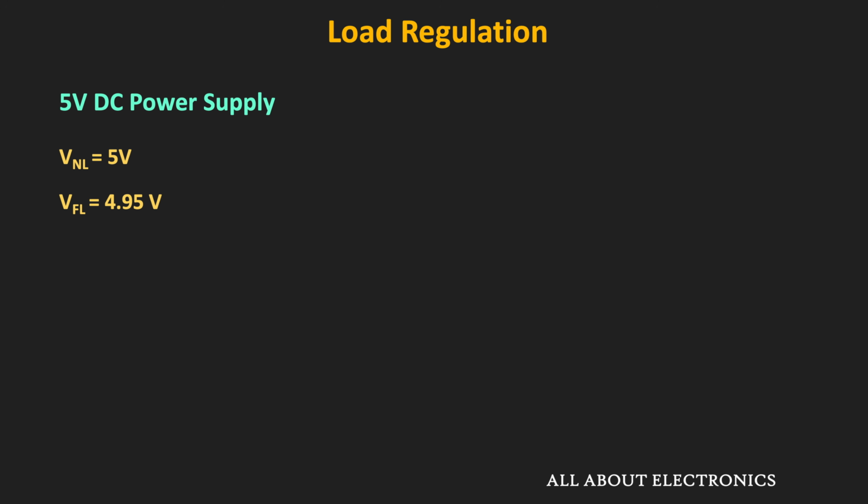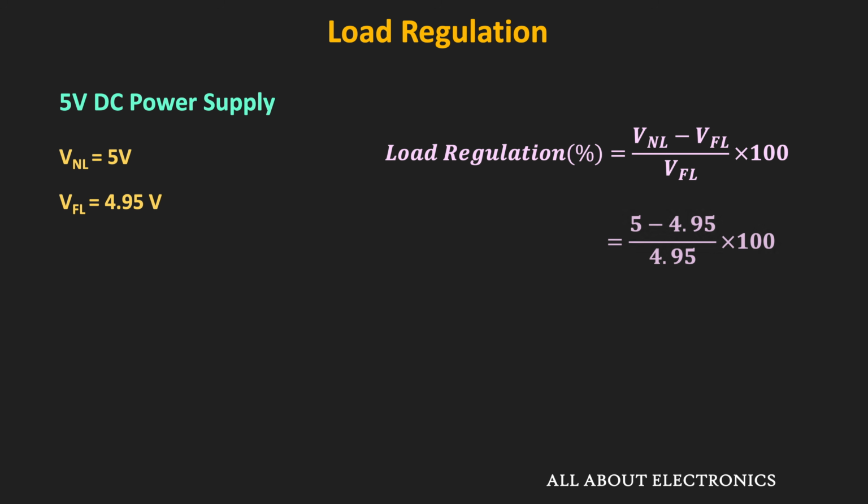So based on that, let us find its load regulation. As we have seen, this load regulation can be given as the no load voltage minus full load voltage divided by full load voltage. So here, if you put the value of the no load voltage and the full load voltage, then the percentage load regulation will come out as 1.01%, or approximately we can say that it is equal to 1%.